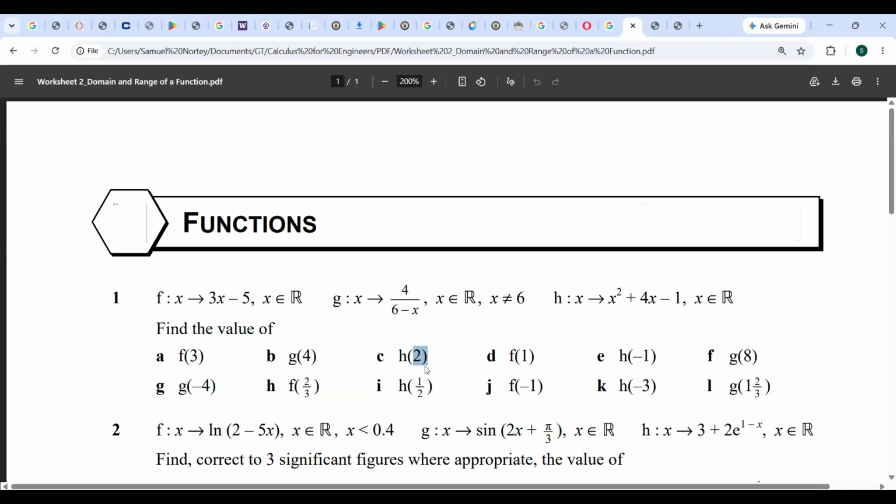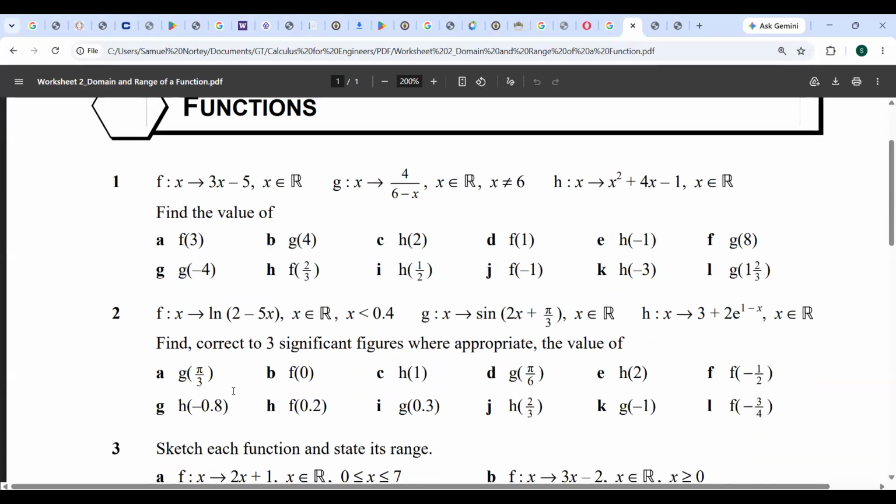Okay, so question 1 is evaluating and finding the range of the various inputs here. That's question 1. And then question 2, yeah, the same. This time we have natural log of a function, sine of a function, exponential function.